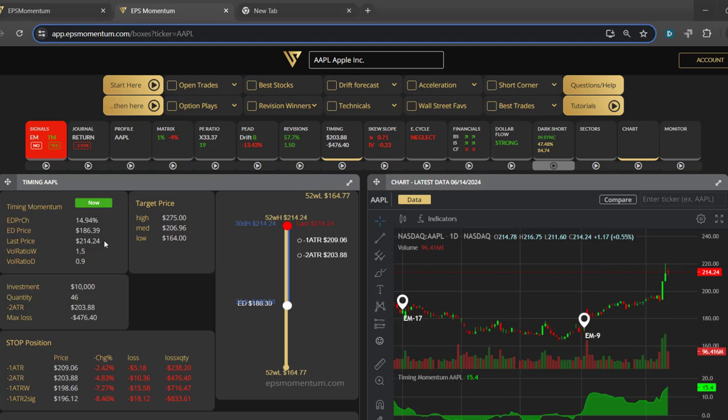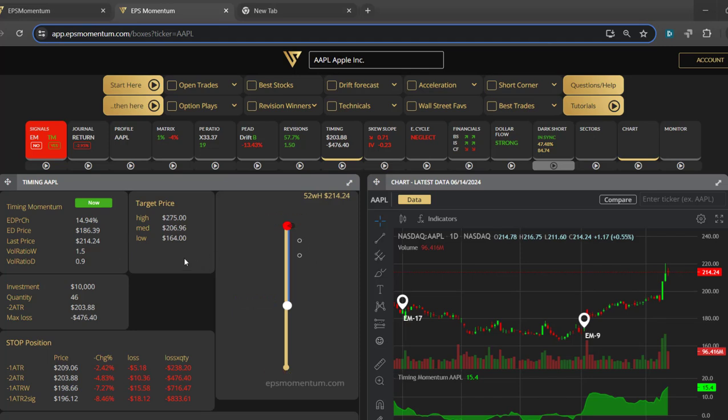Current price is 214. This is the volume ratio, weekly and daily. This tells you if there's an abnormal week or an abnormal day for the stock. Clearly this week is an abnormal week for Apple. It's 1.5 times its current weekly volume. So that's an important week for the stock.